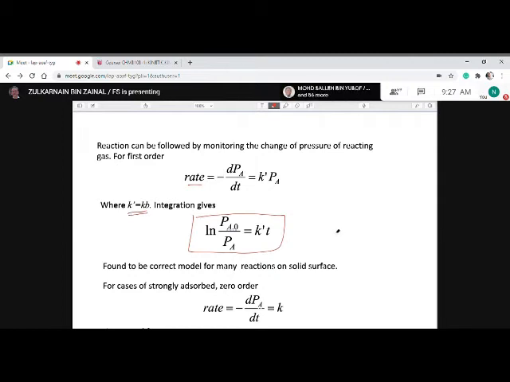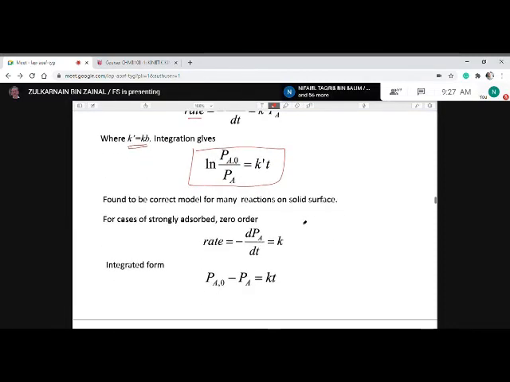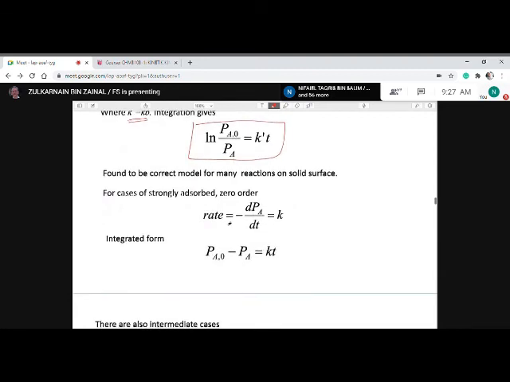So you also know that this is the equation for a first order reaction, in the case of the reaction occurring on the surface at low pressure. So low pressure is first order, and you can have another one, which is rate equal to dPA/dt, also equal to K. This is the case where it occurs at high pressure.